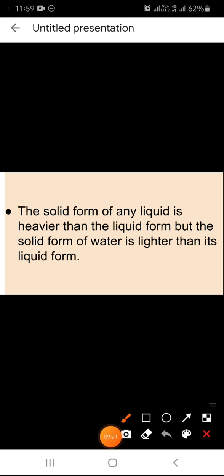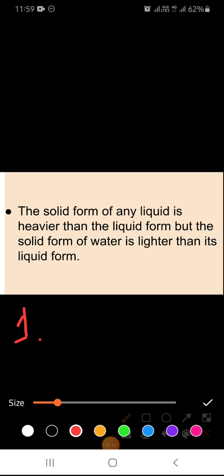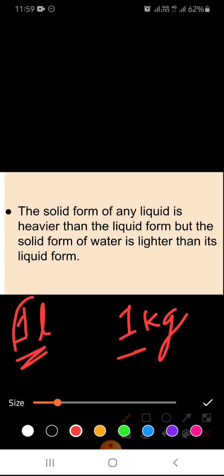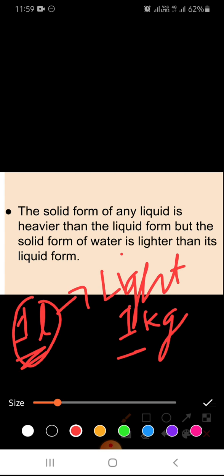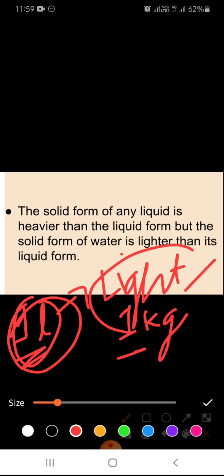Second, the solid form of any liquid is heavier than its liquid form, but the solid form of water is lighter than its liquid form. If you take 1 liter of water and freeze it, it will weigh lighter, whereas 1 liter of water will weigh heavier.